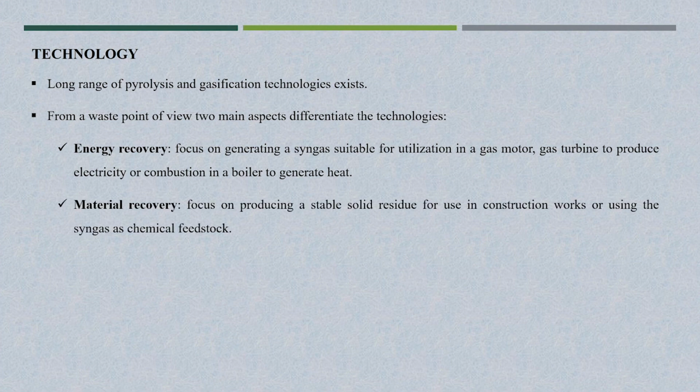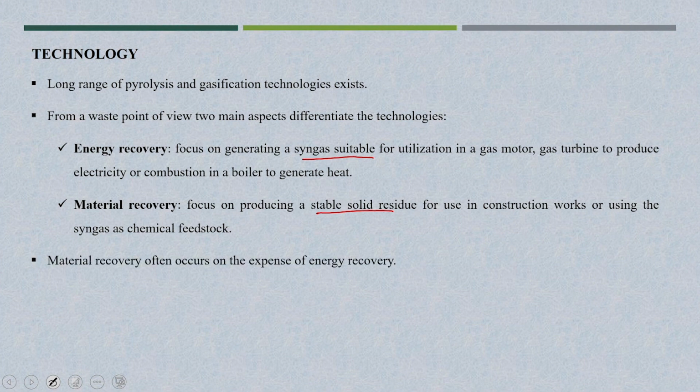And second is material recovery, which focuses on producing a stable solid residue. So, the first aspect is syngas production and the second is stable solid residue production, which could be used for construction work or other purposes. Material recovery often occurs at the expense of energy recovery, obviously.